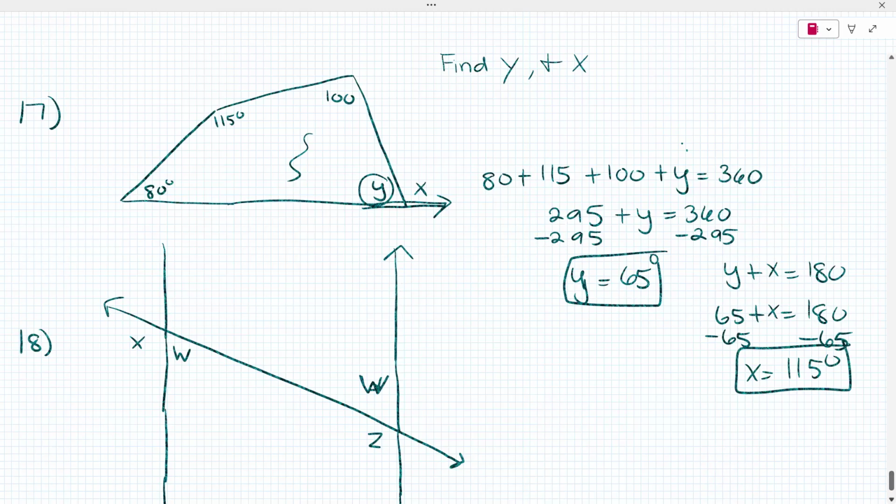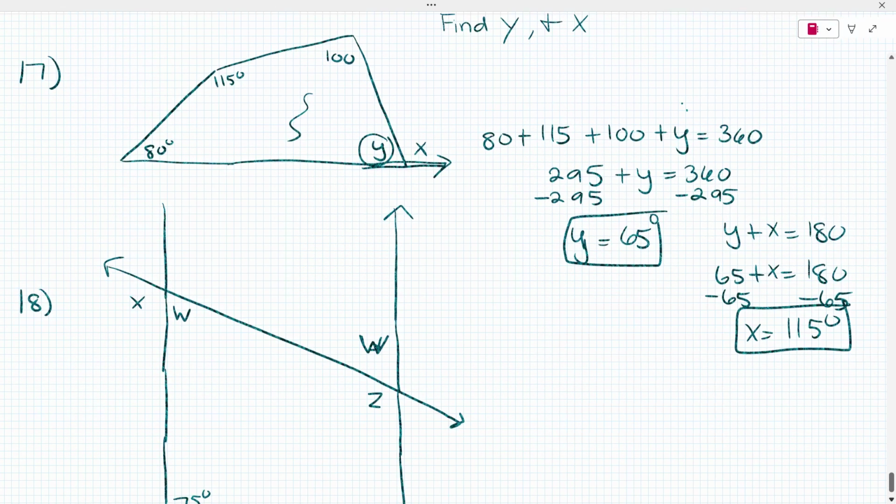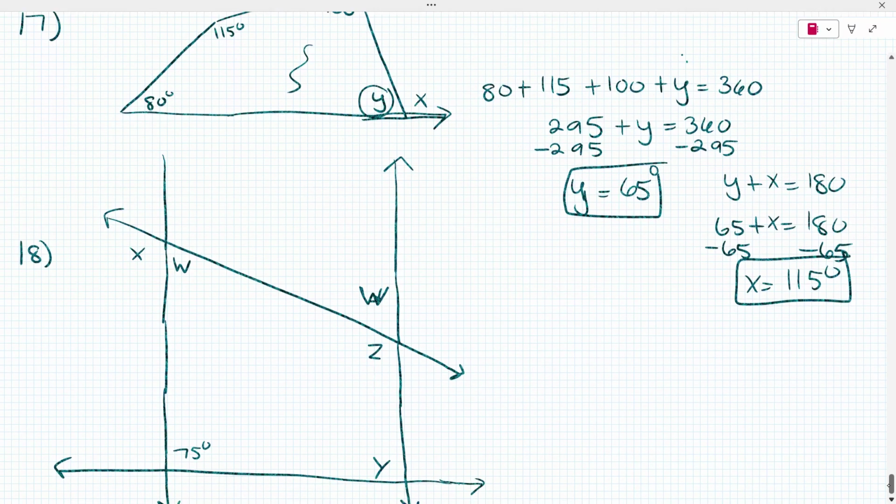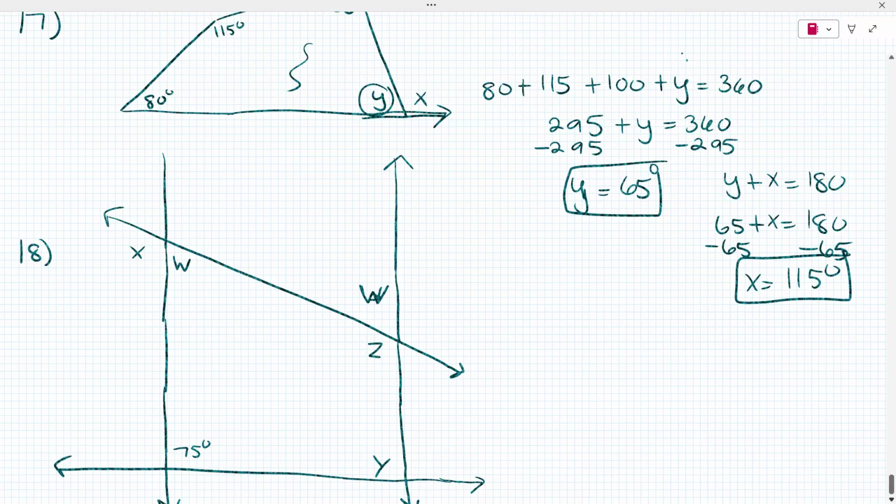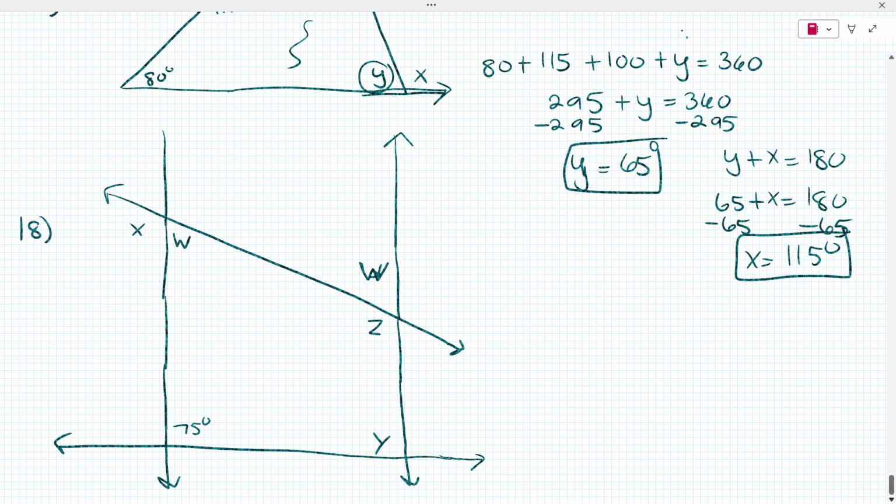Okay, let's do one last one. This one is a little bit strange, right? Inside right here, we know that it adds up to 360.